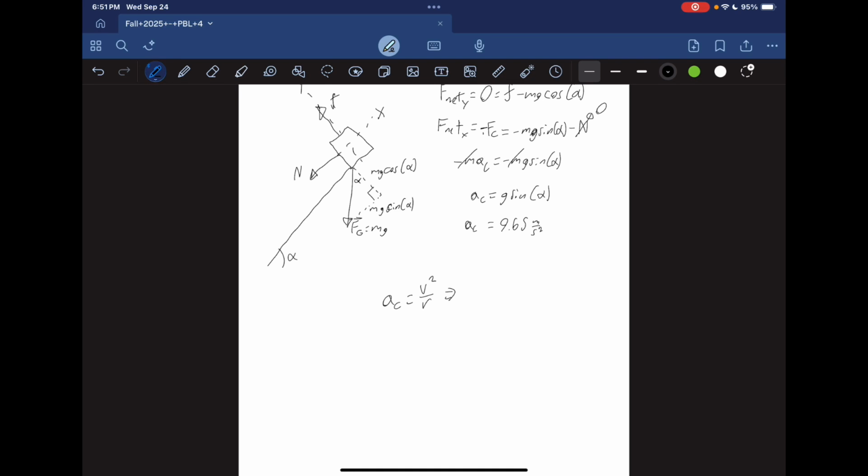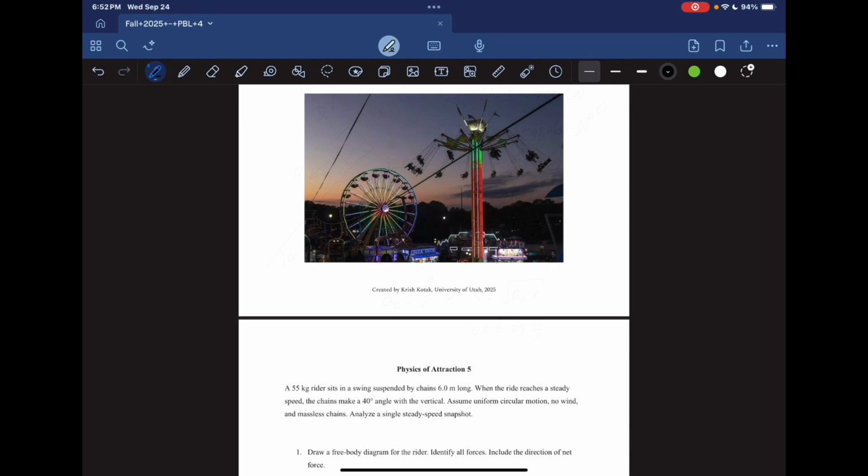So multiply both sides by r, take the square root, and we get that v is equal to the square root of the centripetal acceleration times r. If you plug both of these in, you get that the velocity is roughly 6.59 meters per second. And that is the end of this problem.